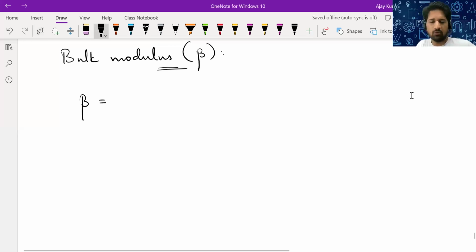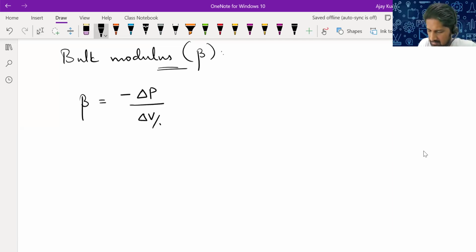Bulk modulus is generally volume stress by volume strain. And like we discussed in the last class, mathematically it's written like this. So it becomes minus V delta P by delta V. In thermodynamics, we take it as minus V dP by dV.